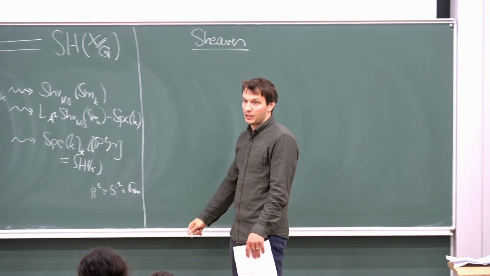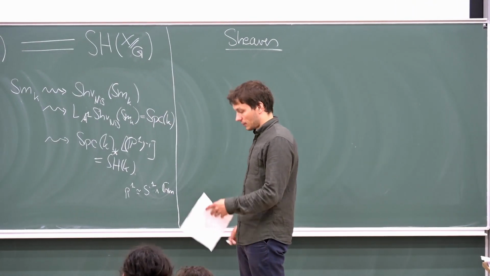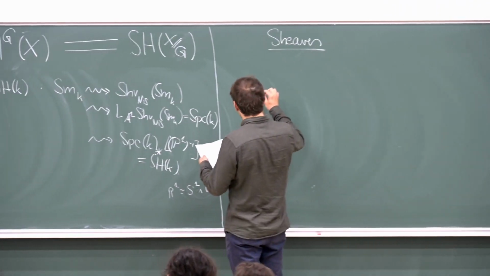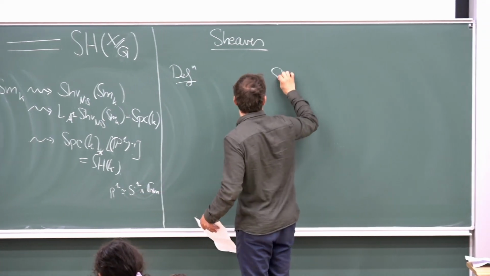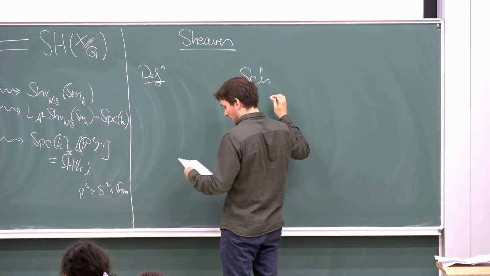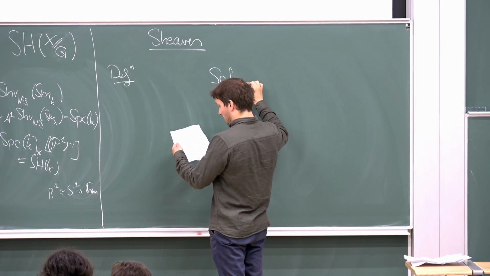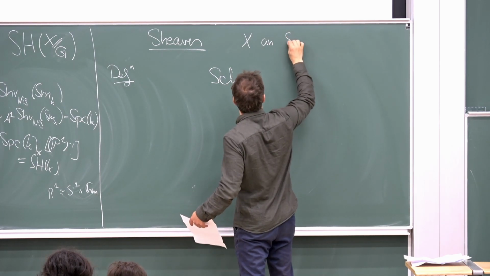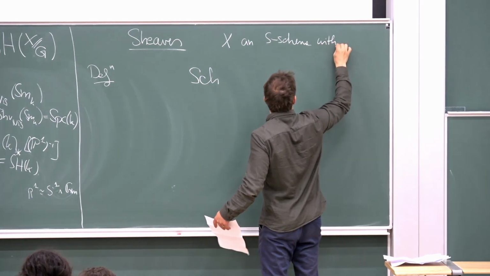First question, of course, is sheaves on what? So the answer, of course, is sheaves on smooth schemes with a G action. So I have X will be a scheme with G action.